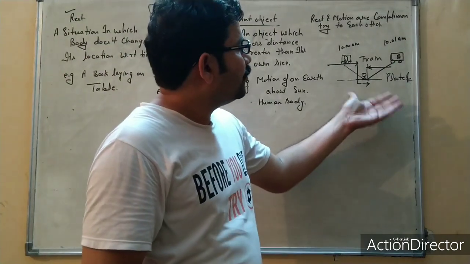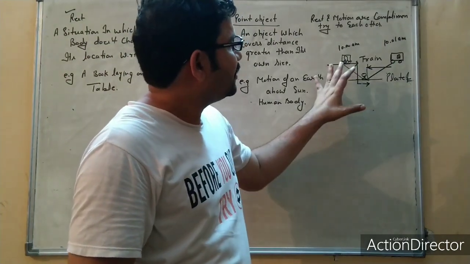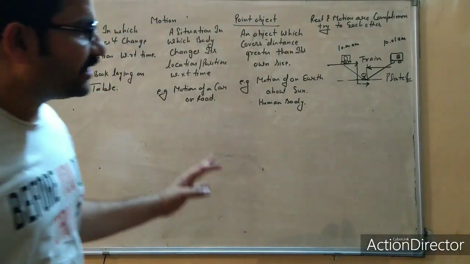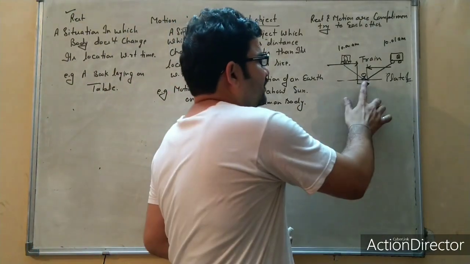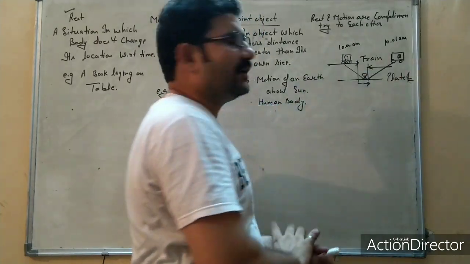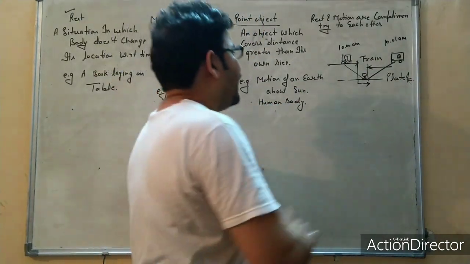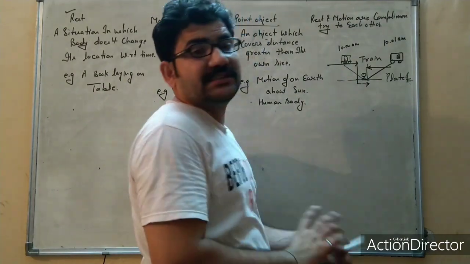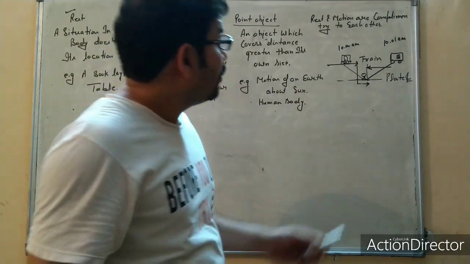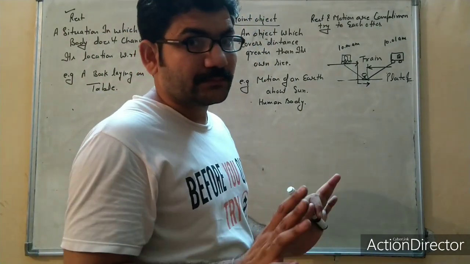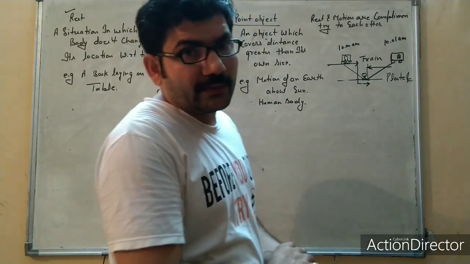I hope you understand very well in that situation how we can say that rest and motion are complementary to each other. Once again, suppose a person sitting on a platform is watching a train passing over the platform, and at the same time a passenger sitting inside the train is also looking toward that person standing on the platform.